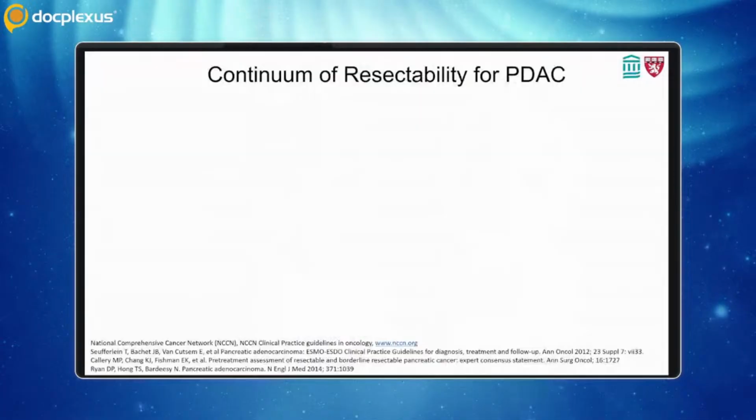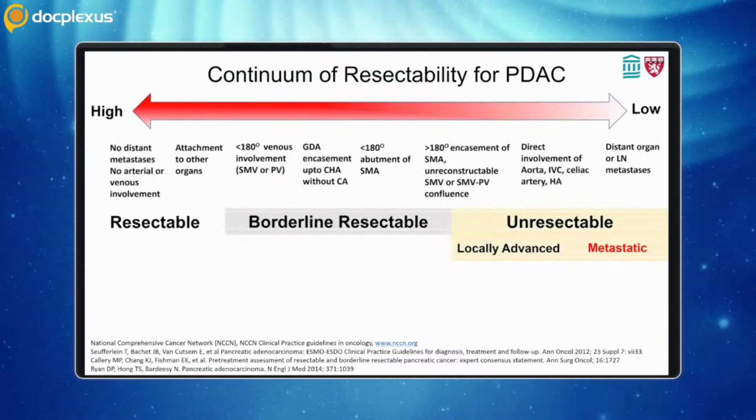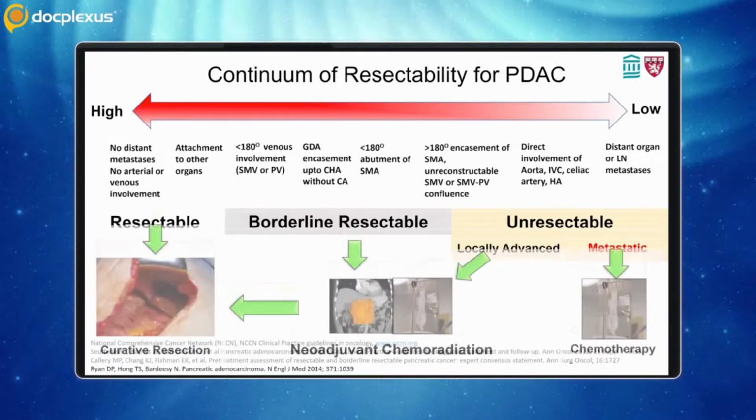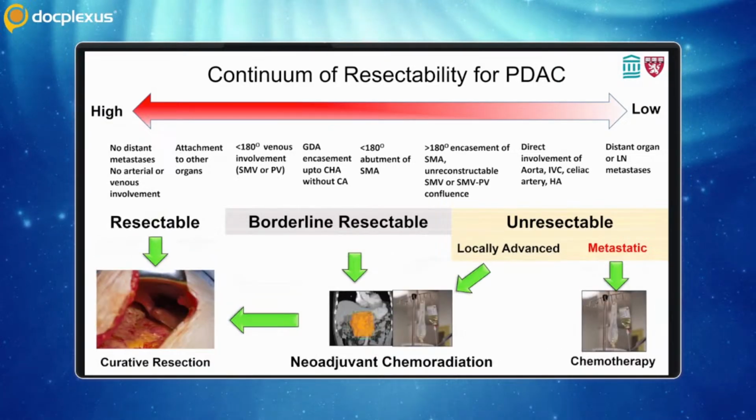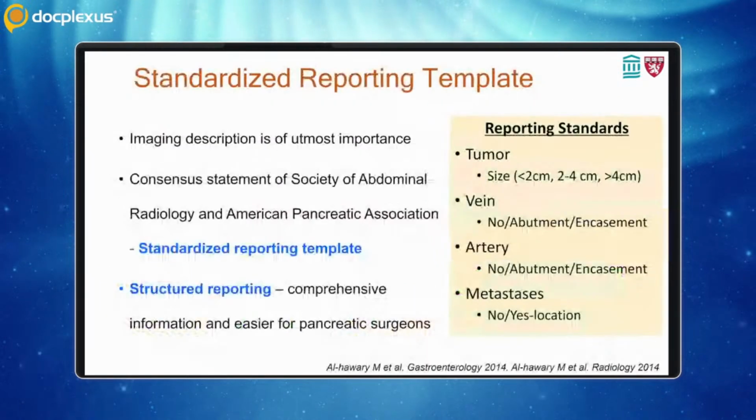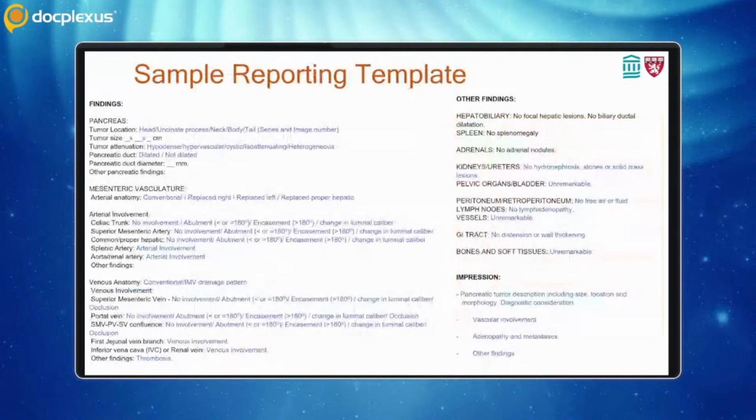Now, quickly, I want to go on to one area where we find AI very helpful. Dr. Joshi spoke about structured reporting, which is essentially important in patients with pancreatic cancer, where we have to report the relationship of the tumor to surrounding vasculature. This is a structured template which is used in our hospital.